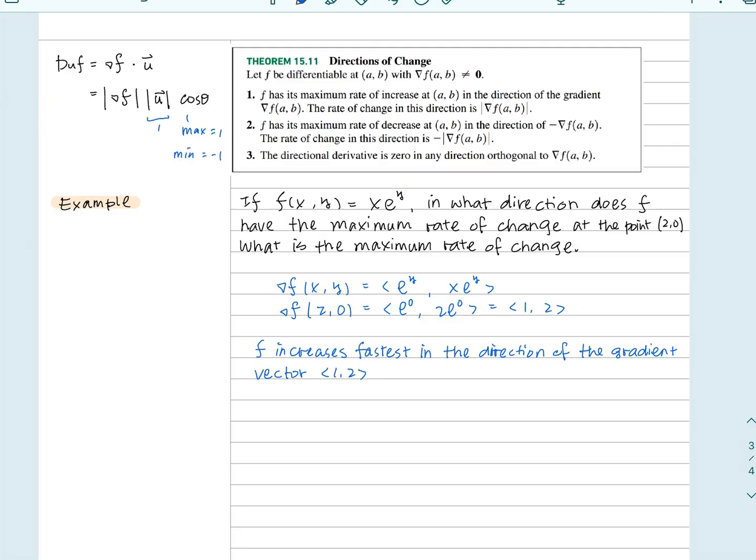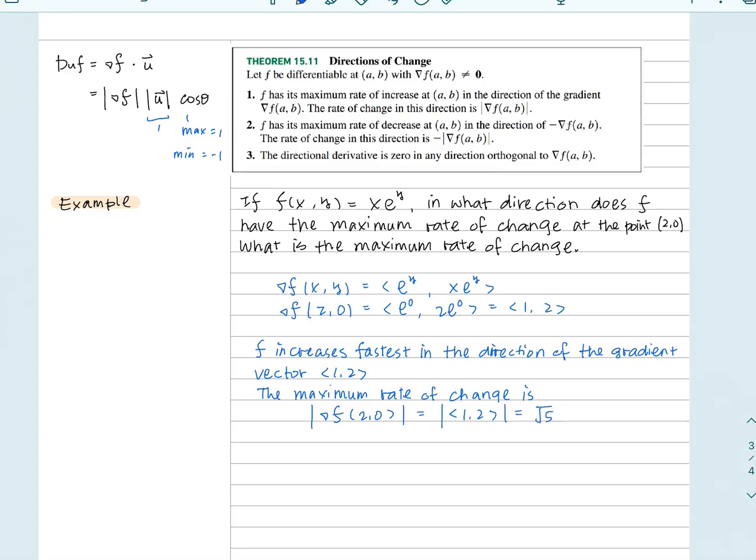And the maximum rate of change is the magnitude of the gradient vector at 2, 0. So that's the magnitude of the vector 1, 2, which is square root of 5.